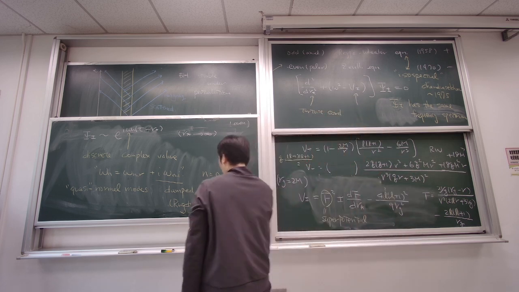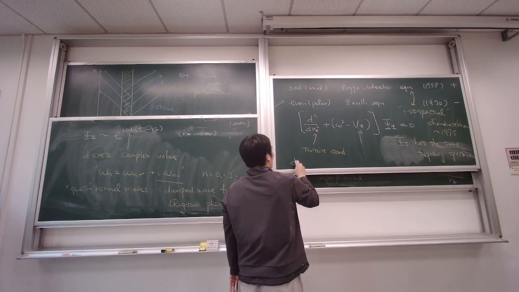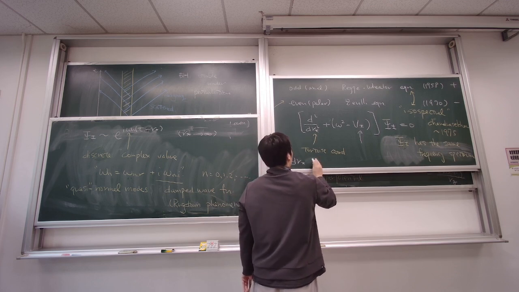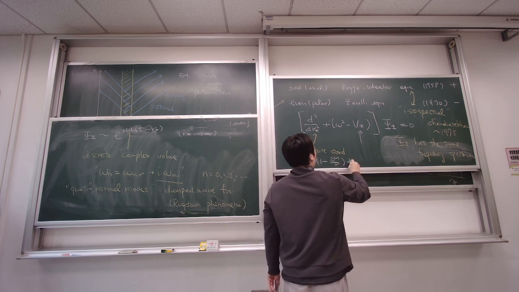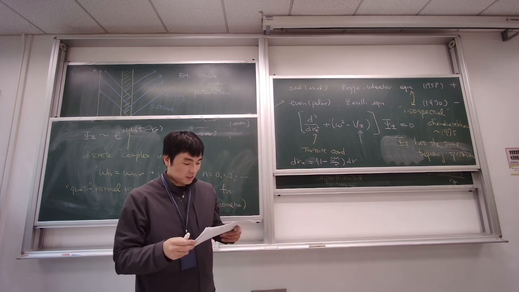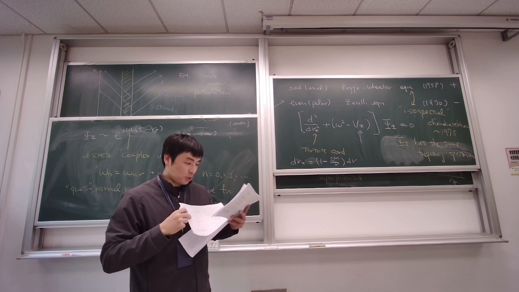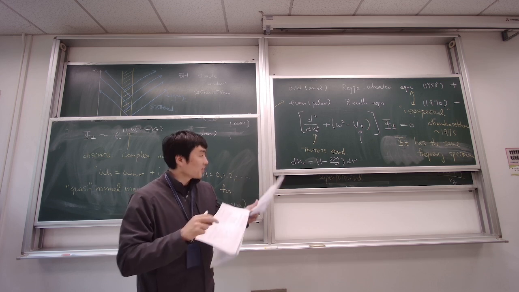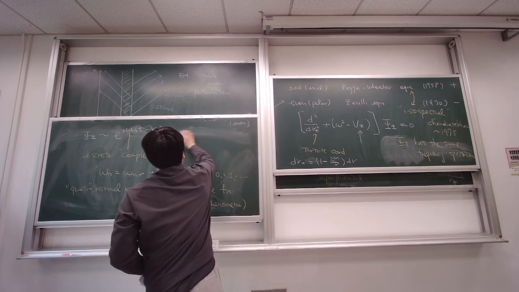But it makes sense, right? The relation between dr and dr star: I think dr star is equal to dr divided by (1 minus 2m over r). Am I correct? I think this one you should remember before you finish this lecture. Let's do the computation.